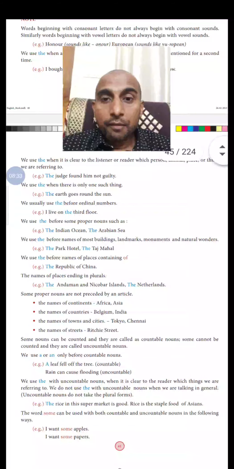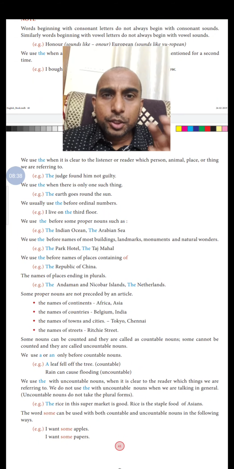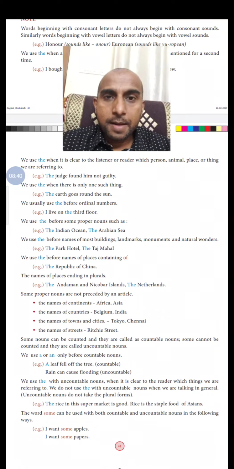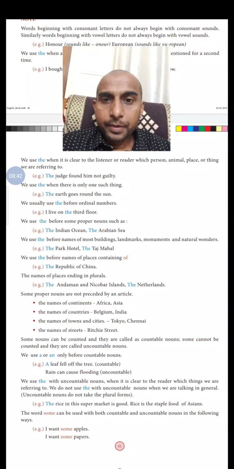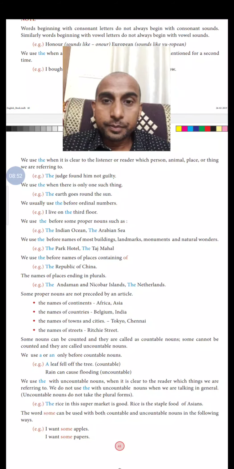And then we use the before some proper nouns. Proper noun means it mentions only one particular thing or a name, a person, animal, etc. For example, the Indian Ocean. There is only one Indian Ocean, so it's a proper noun. The Indian Ocean, the Arabian Sea, likewise.